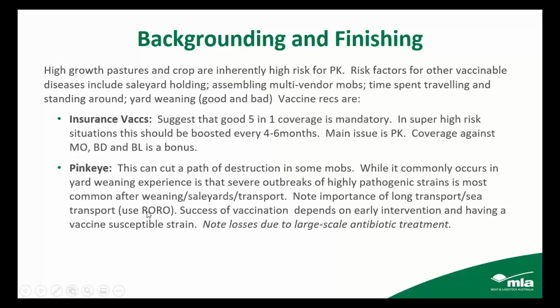So if you're assembling calves that have been sent via sea transport, first of all, try and use ro-ro type transport rather than unloading them onto barges. And secondly, be on the lookout for the possibility of pink eye.